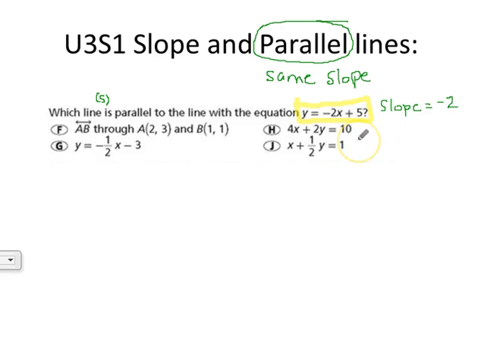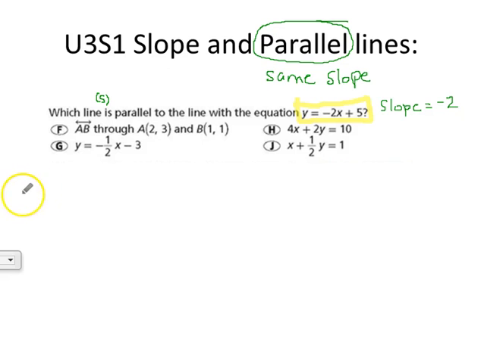So in order for another line to be parallel with this line, it has to have that slope of negative 2. Let's look through our options. The first option is line AB, which goes through these 2 points, A, which has coordinates (2, 3), and B, which has coordinates (1, 1). We need to figure out what the slope of this line would be.